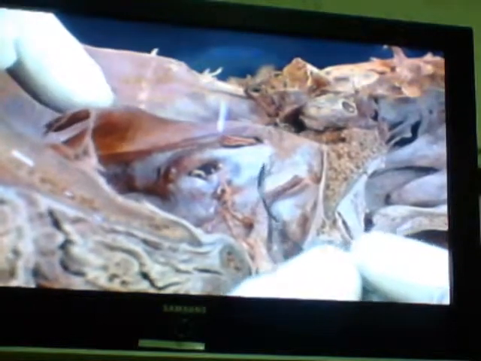Beside the carotid. Right. So here is the 6 going up here. So 6 gets into the cavernous sinus and then runs across.